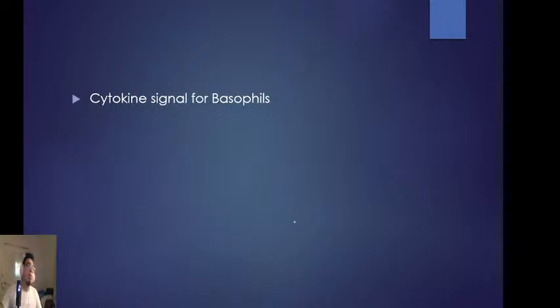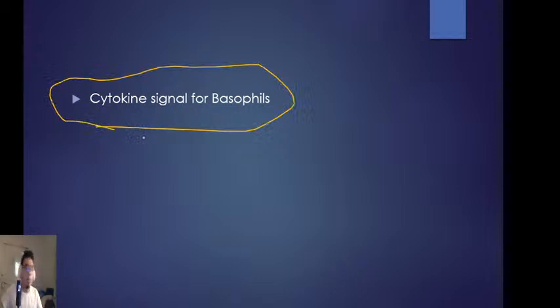This one is another question from one of my students who took the ASCP. Cytokine signals for basophils. It was phrased like this: which of the following interleukins is of high concentration in patients with type 1 hypersensitivity?